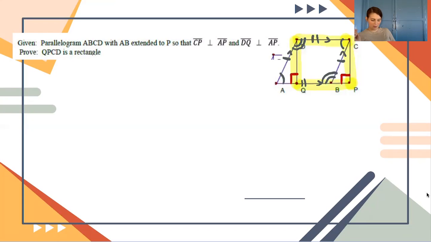Looking at this picture, I notice that I have triangles, the two triangles AQD and BPC. I have a hypotenuse here, a right angle here, and an angle here. I have the hypotenuse and one of the angles on this other triangle, but I want to prove that these two angles are congruent.